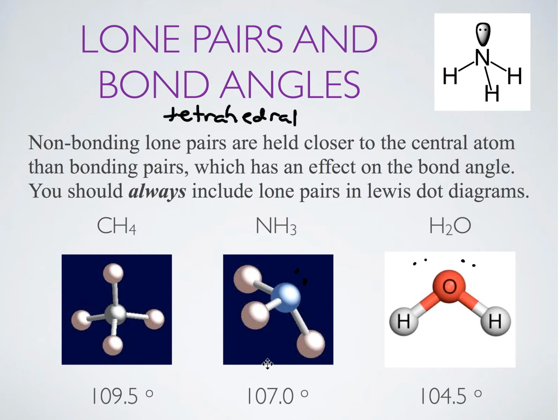So as I start replacing bonds with lone pairs, the bond angle is going to be decreasing. This is due to the fact that the lone pairs are held more closely to the central atom than the bonds were. So you don't have to memorize the actual numbers here, but you should know that as you increase the number of lone pairs, the bond angle itself is going to decrease.